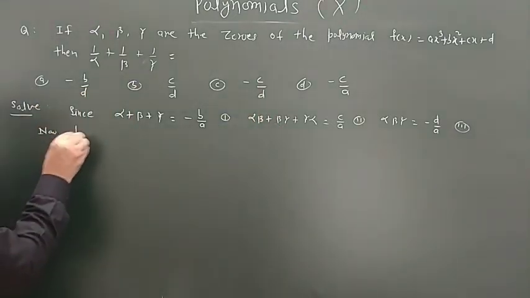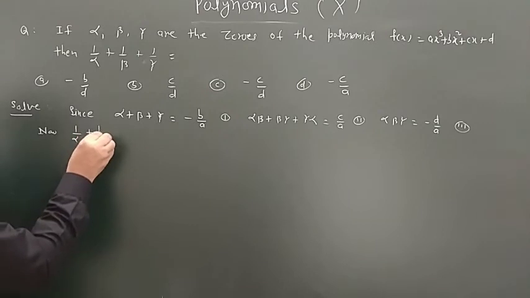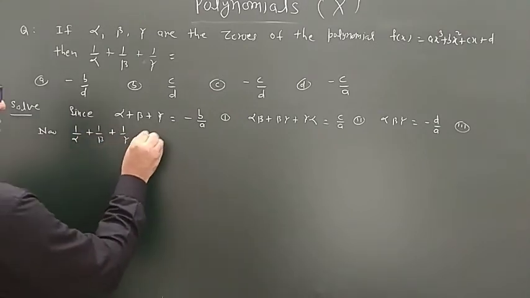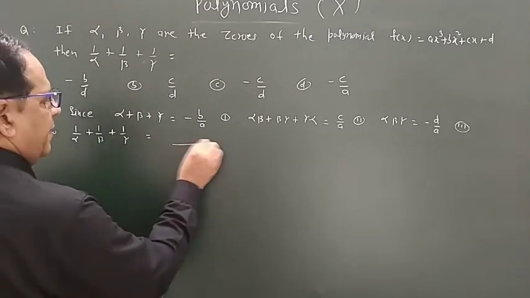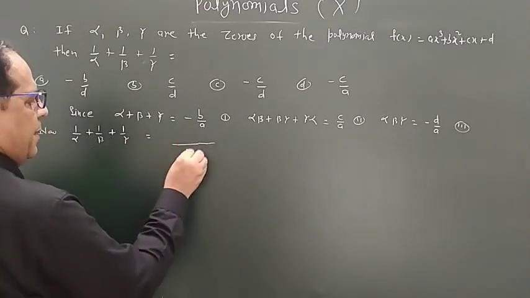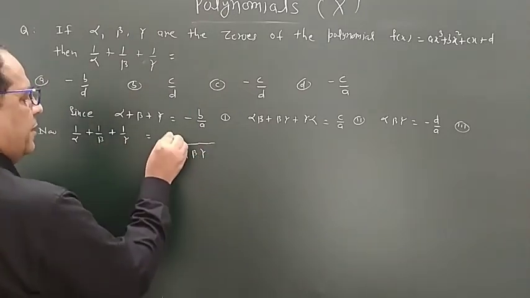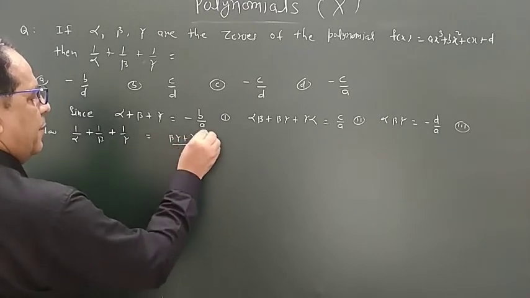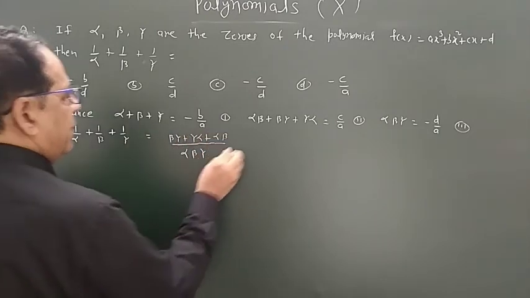Now we have to find the value of 1 upon alpha plus 1 upon beta plus 1 upon gamma. Here the LCM is alpha beta gamma, and the numerators are beta gamma, gamma alpha and alpha beta.